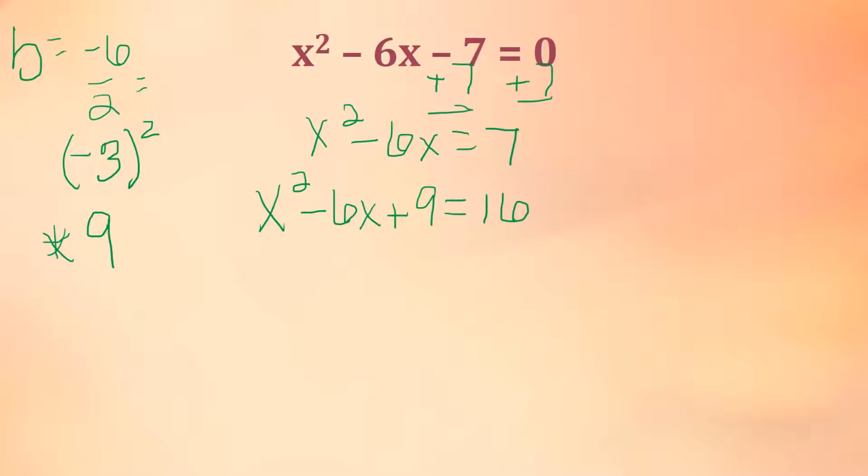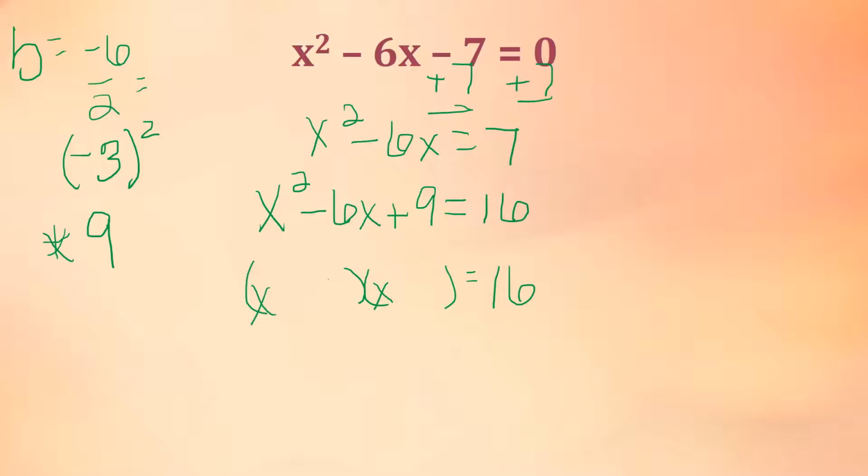Now, the next thing you're going to do is factor the trinomial on the left, because now it's a trinomial, it is definitely factorable. And what you're going to find is that it's actually going to be a nice neat square, which is nice. So I have an x and an x.